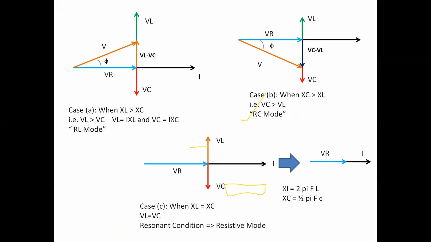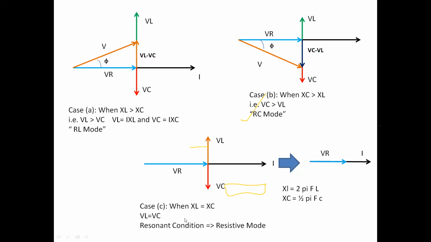So when you take the difference of the two antiphase vectors, you will get the vector difference as 0. Due to this, the cancellation of VL with VC takes place, and hence you will get only the resistive conditions. That is, you will be left with voltage VR and current I.